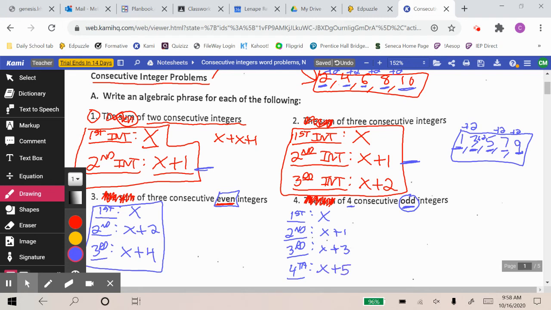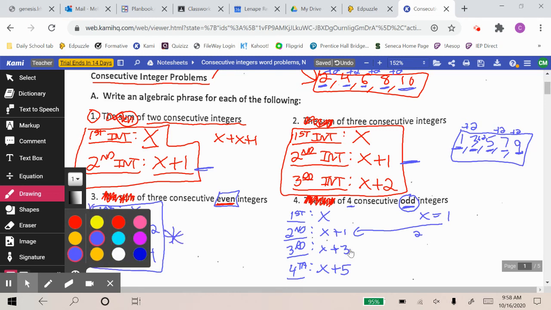The reason why that doesn't work is because when you solve for it, if x is odd, let's say I say that x is 1. When you put this in here, 1 plus 1 gives us 2, and that's not consecutive odd. So we're always going to go up by 2. So it's actually going to be the same setup as this, even though it says that it's odd.